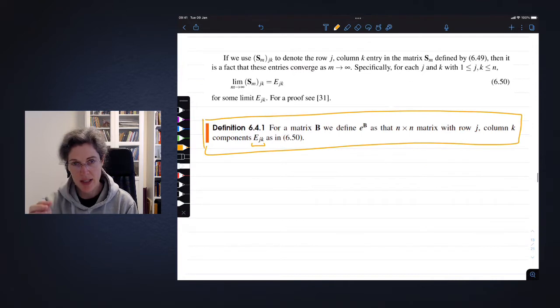This might seem slightly weird. We define e to the b in terms of the Taylor expansion, but generally in calculating it we don't do that. This is the same as working out, for example, e to the x. We would define it in terms of the Taylor expansion, but when you're actually calculating it, there are quicker ways of calculating it.